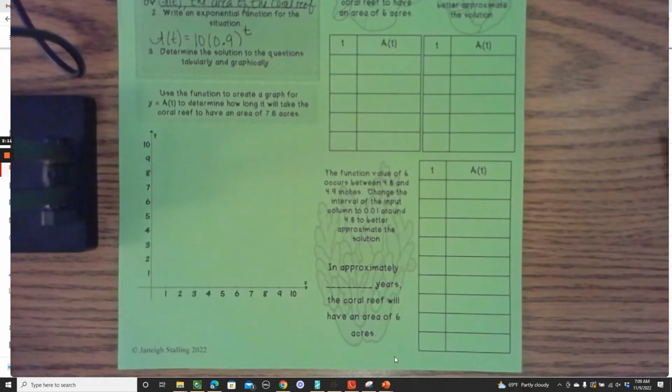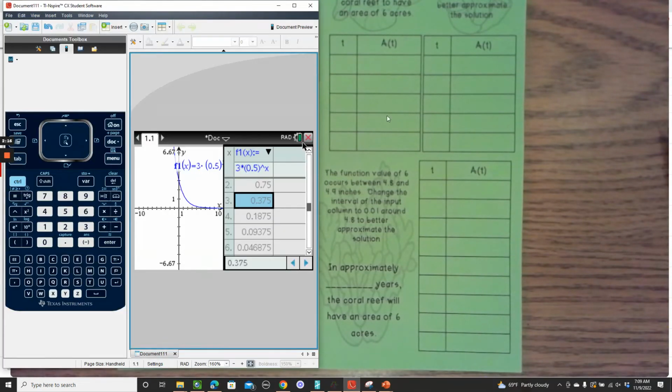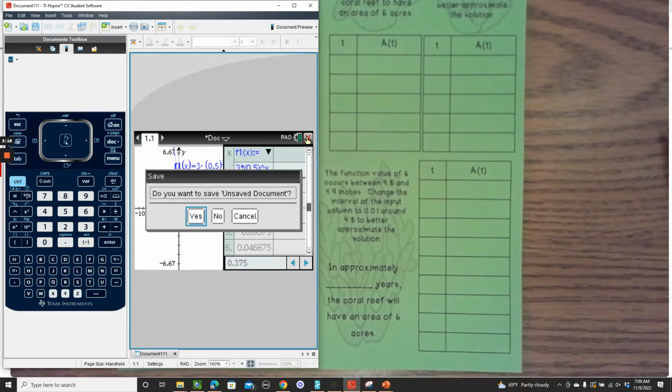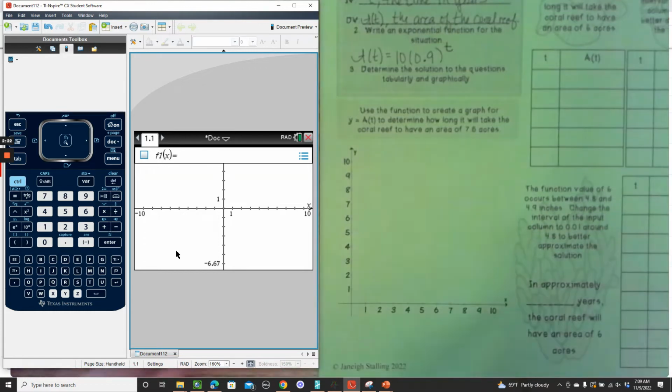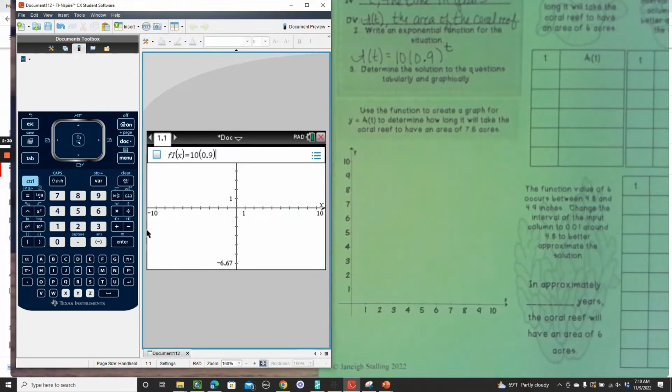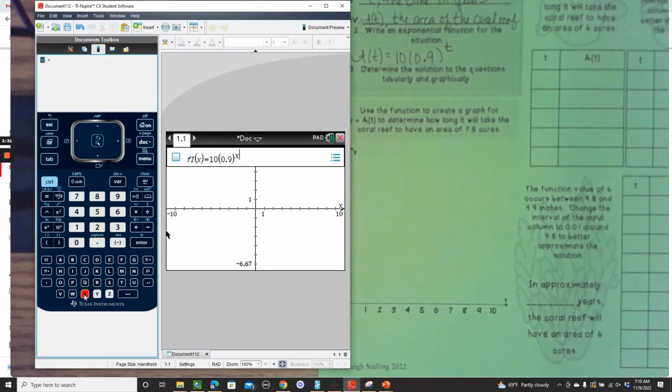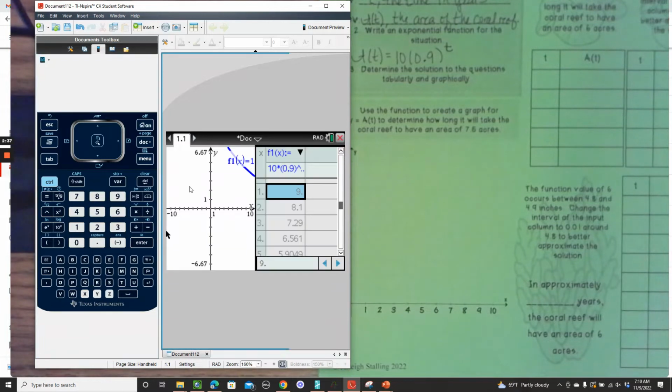So what I'm actually going to do first is fill in my table just so I've got some values to plot. So our function was 10 times 0.9, and we're going to raise it to, well, maybe the x power. And then I'm going to pull up the table here.